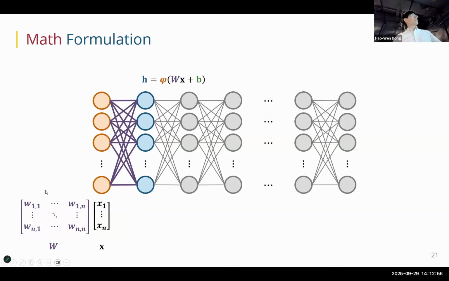This matrix shows all the n by n weights between these n neurons and these n neurons. So what you need is all the orange values, that's the x, and all the weights between, that's the purple stuff, that's the matrix, and then you can get the outputs with some bias term.